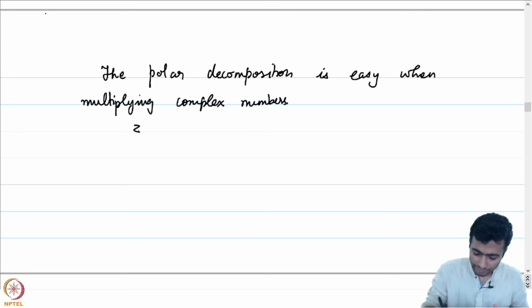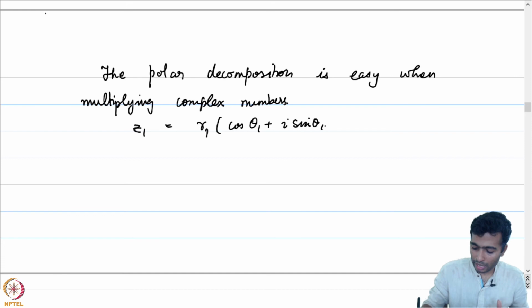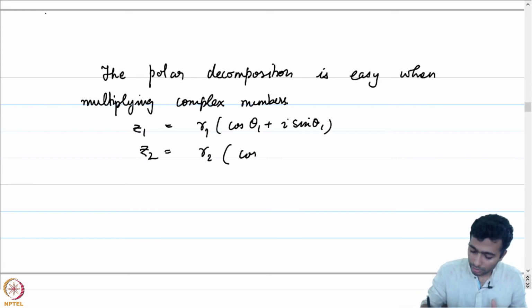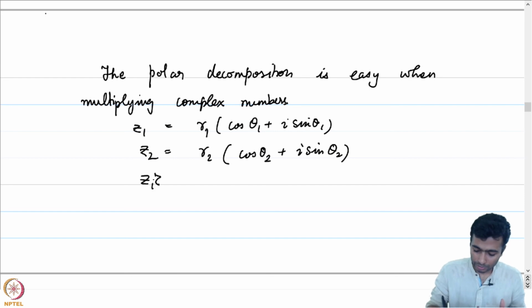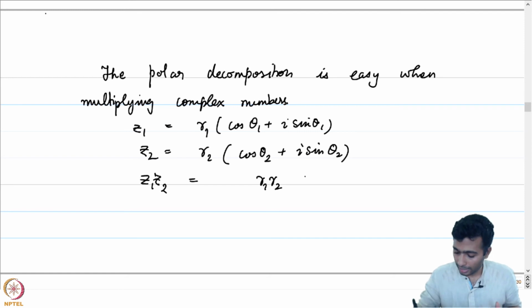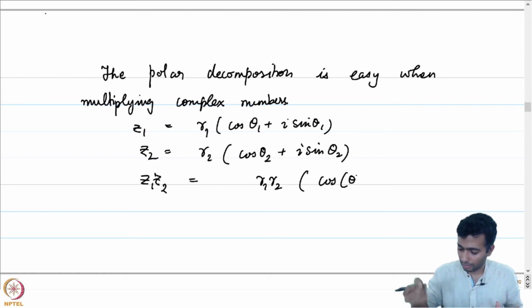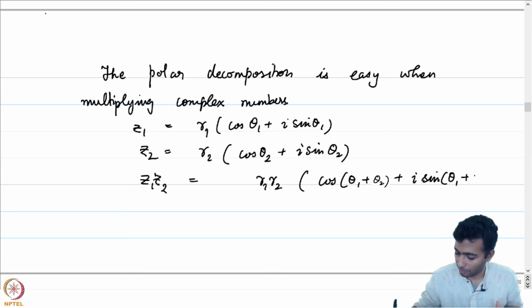Why is that the case? If z1 is equal to r1 times cos theta 1 plus i sin theta 1, and suppose z2 is r2 times cos theta 2 plus i sin theta 2, then what is going to be z1 times z2? z1 times z2 is just r1 times r2, and then by a similar argument as above, this is going to be cos of theta 1 plus theta 2 plus i times sin of theta 1 plus theta 2.